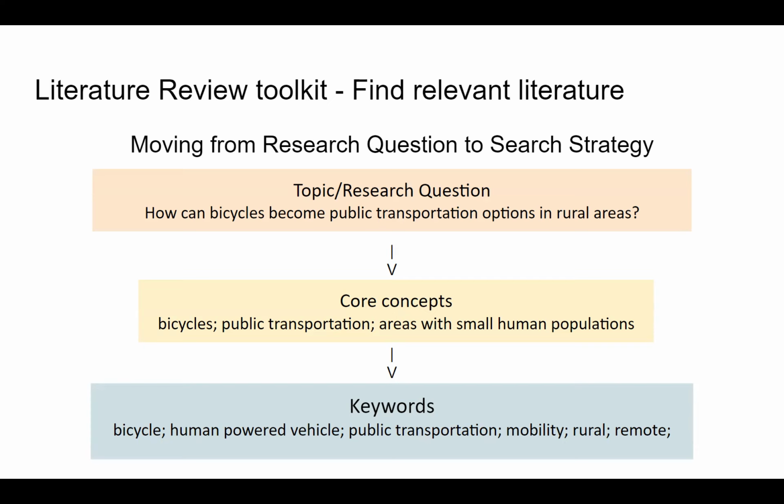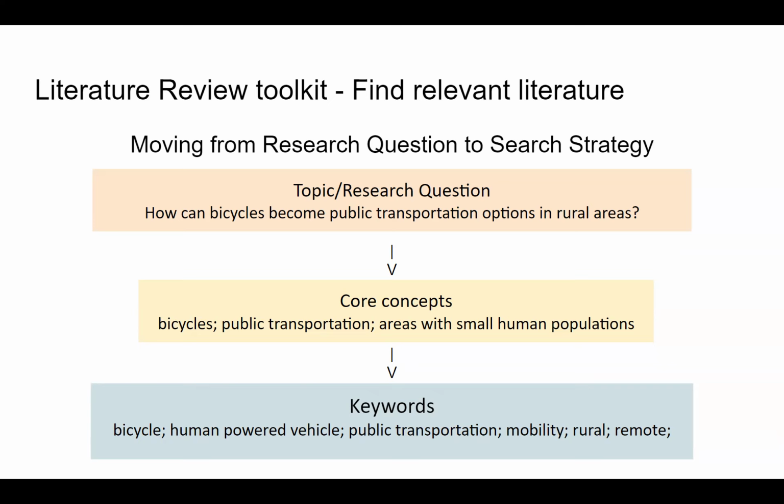A search strategy is a little more deliberate than just spontaneously Googling something, because you're taking time to think about the main concepts of your topic and identifying keywords for your concepts. The goal is to make you more efficient when searching. And an important aspect of this iterative process of refining your search strategy is that it gives you time to think about what you are finding and where your interests are taking you.